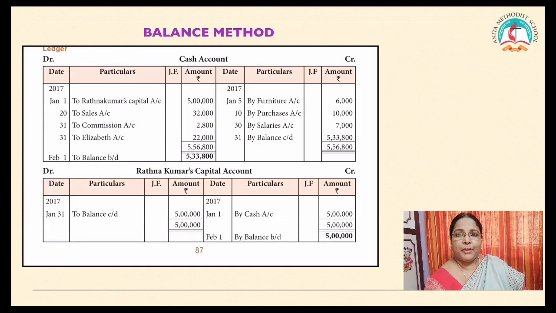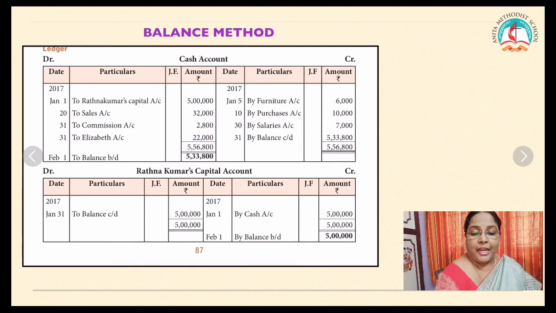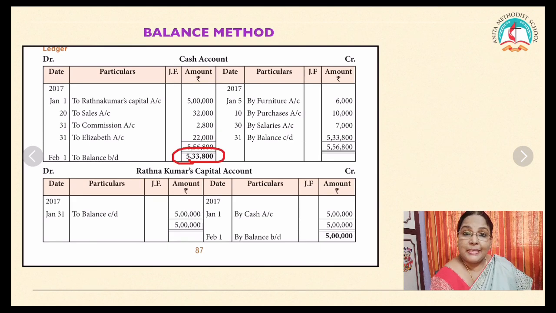Now we'll see a problem in your balance method. Can you see the cash account? Yes. Now, in the cash account you have a balance brought down here. On which side is it written? It is written on the debit side. So this will be written in the debit column of your trial balance. Clear? The balance brought down amount, on whichever side it is, you just transfer it to the debit column or the credit column.